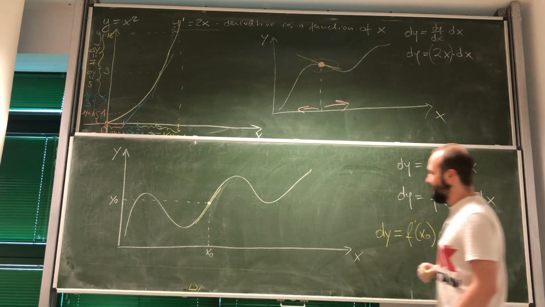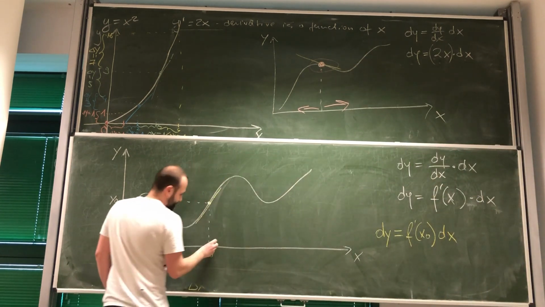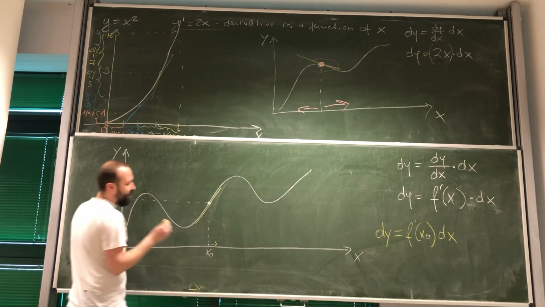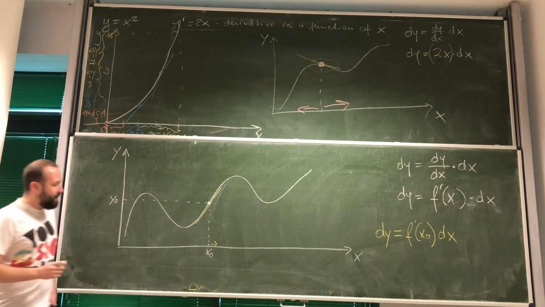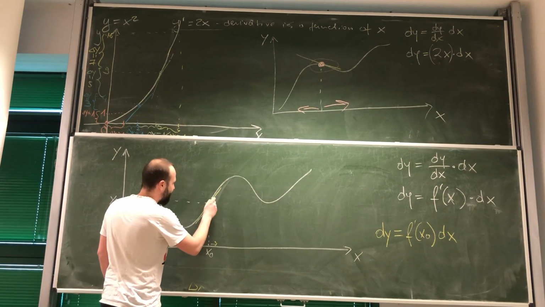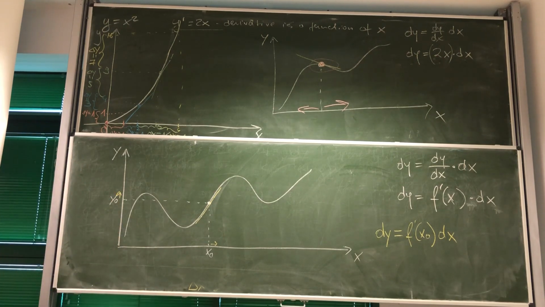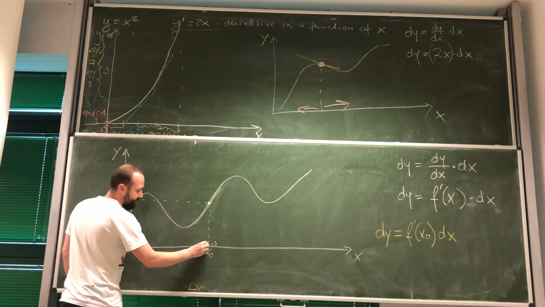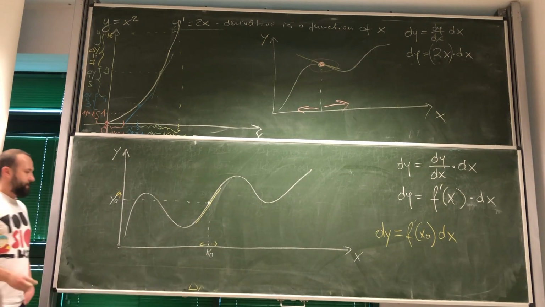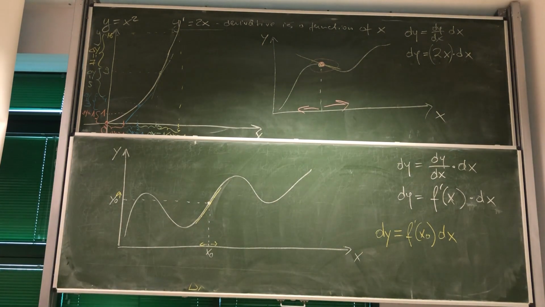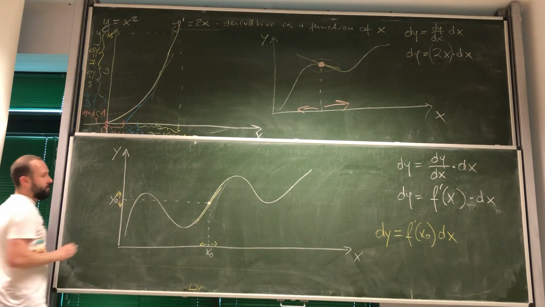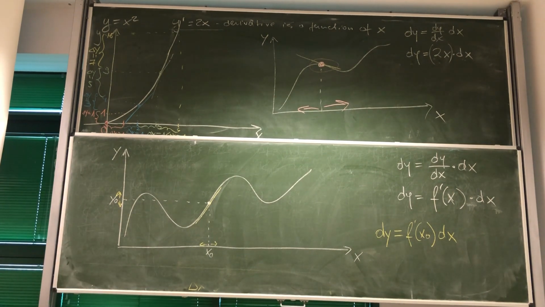Well, it tells us that if x increases by some infinitely small amount, the value of y is going to go up. However, if x decreases, the value of y is going to go down.